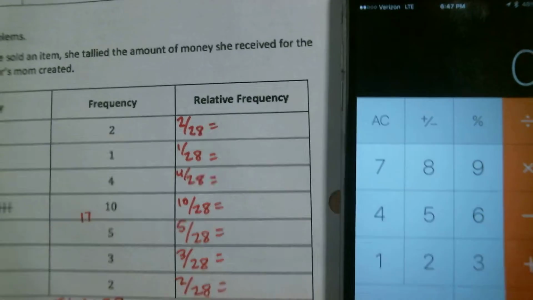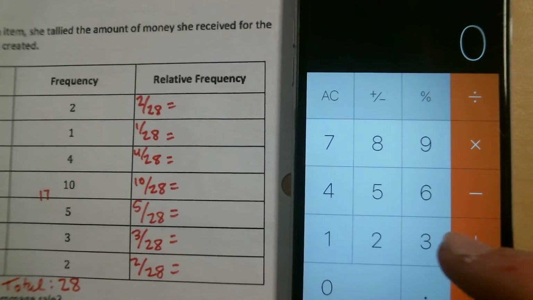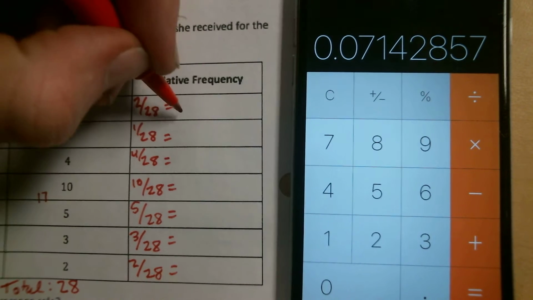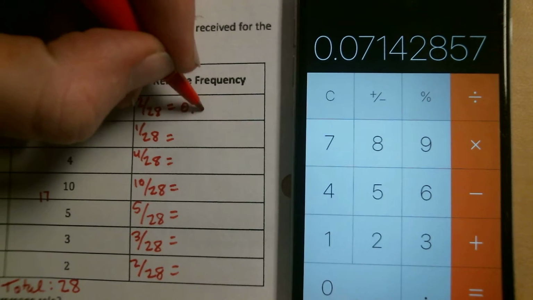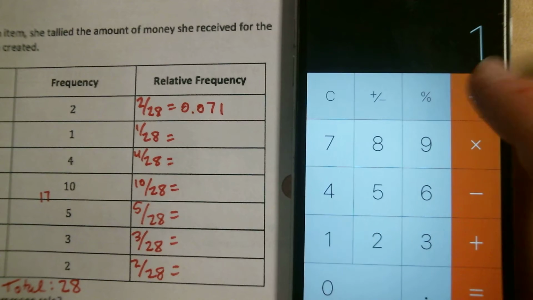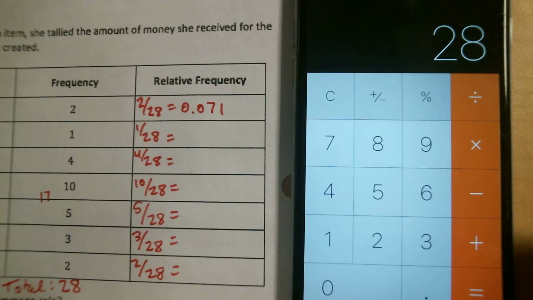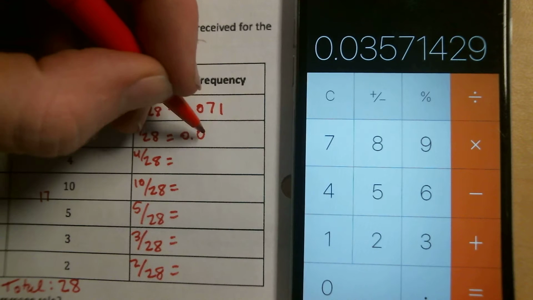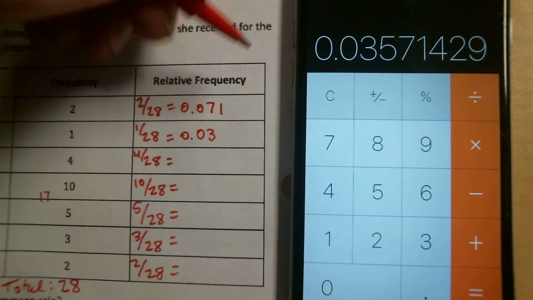So let's go ahead and start doing this together just to make sure we've got it. So we've got 2 divided by 28. That's going to be 0.071. Then we've got 1 divided by 28. I bet it's going to be about 0.03. Yep, so we've got 0.03, and then we have to round here.